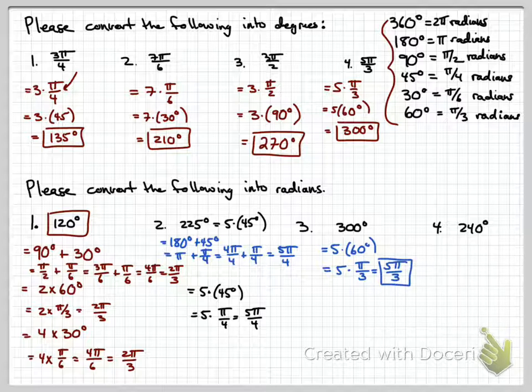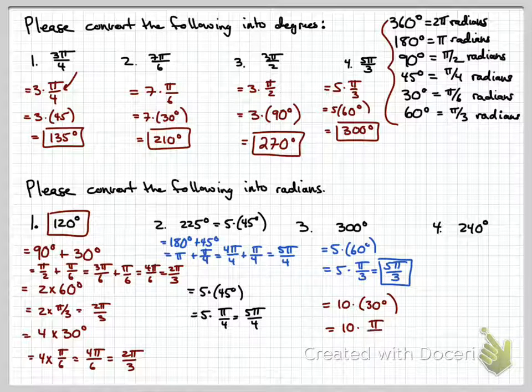Are there more ways to do it? Sure, you could call it 10 times 30. 300 degrees is definitely 10 times 30 degrees. 30 degrees we know is pi over 6 radians, so 10 times pi over 6 radians. 10 pi over 6, and we can reduce that fraction, as we hoped, to 5 pi over 3, the exact same thing. And we'll do one more for good measure.